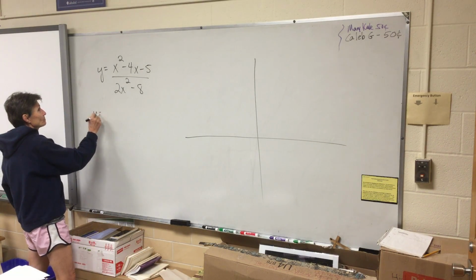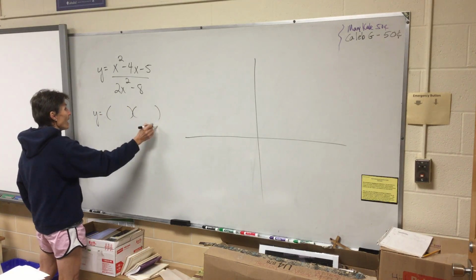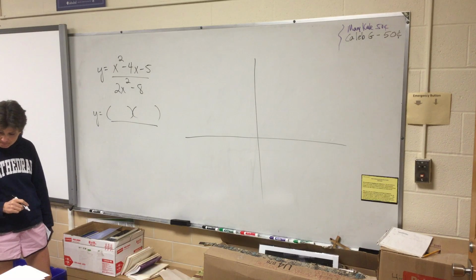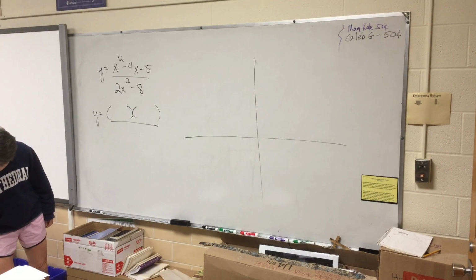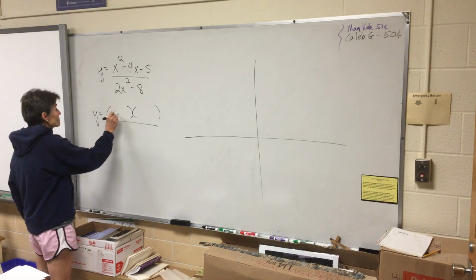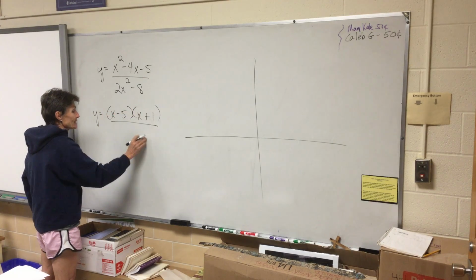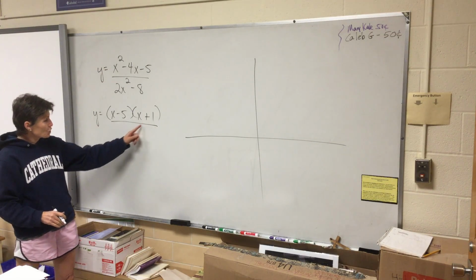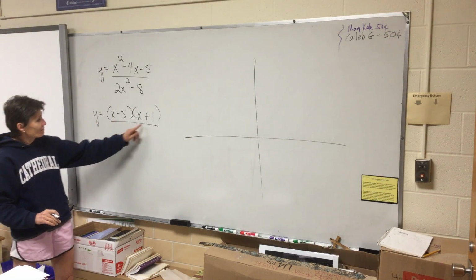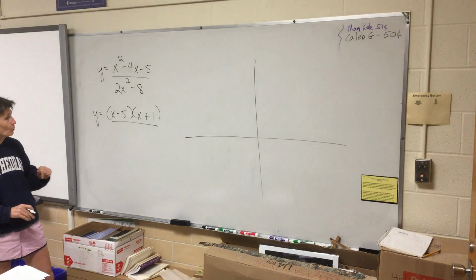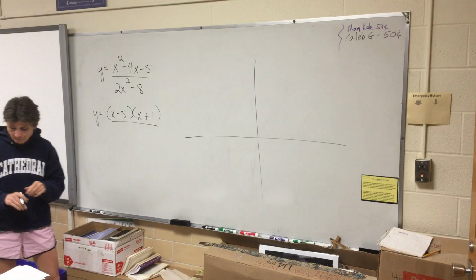So here we go. How does the top factor? Anybody see it? X minus 5, x plus 1. Yep, x minus 5, x plus 1, perfect. That's how it factors. Remember, you can always check if you're not sure by foiling it back together and making sure it gives you that. This does, good work. What about the bottom?